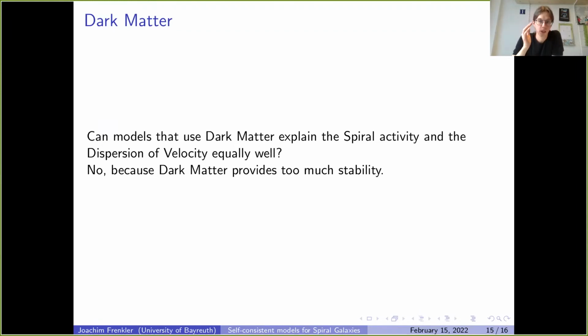So in a model that uses dark matter, we can place all mass on perfectly circular orbits, and everything would be stable. So a model that uses dark matter needs some other explanation for these two phenomena. And so I think these bionic models with their self-consistent dynamics, which I have shown you today, will prove quite a good challenge for the dark matter hypothesis.